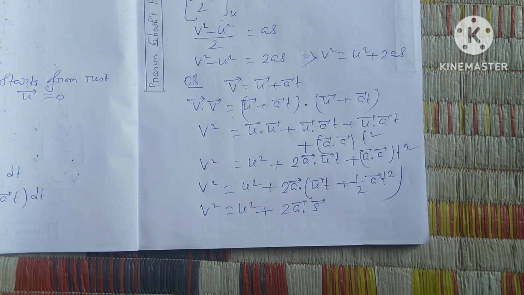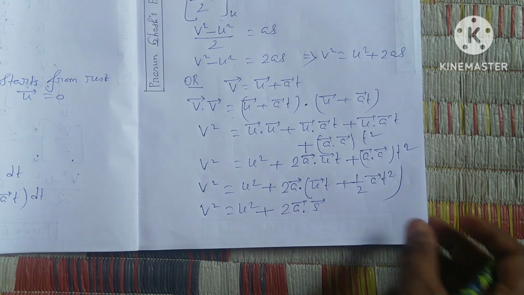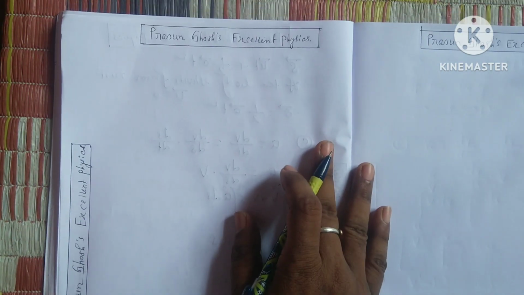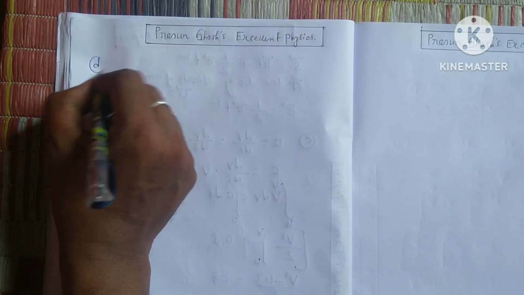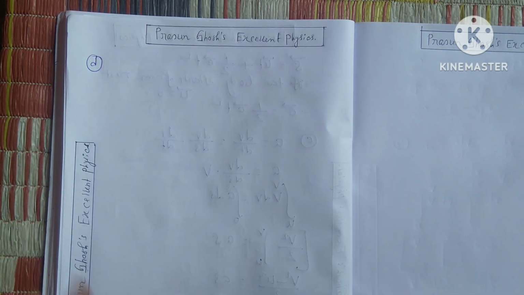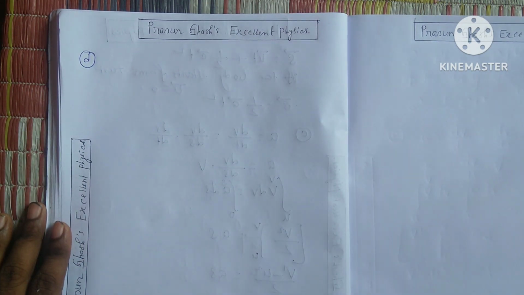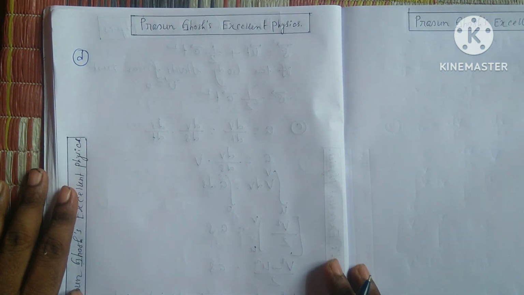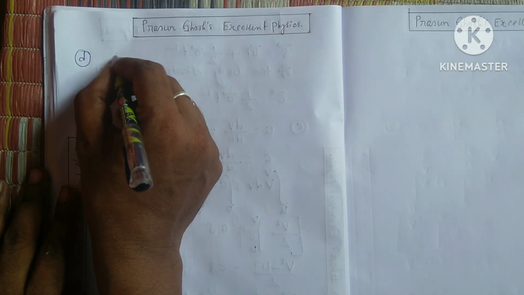Next we come to the next, that is D. Here we can write Sn.